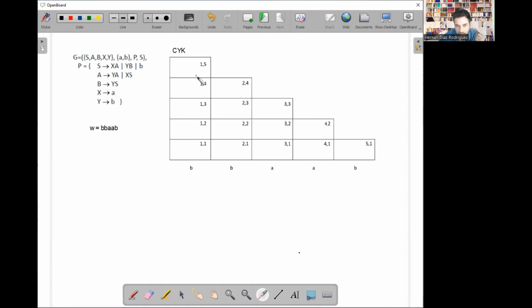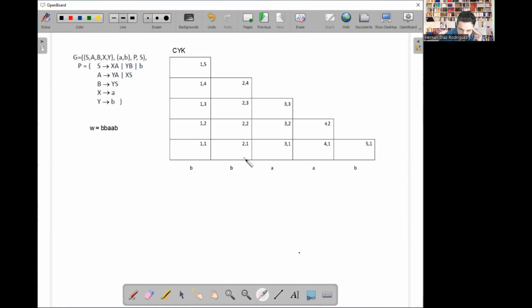The way of doing that is we are going to fill the rows of this table. In the lowest row, we have the production rules that produce these terminals, and going backwards, we should reach the initial symbol on the first cell of the table. This is the first concept.